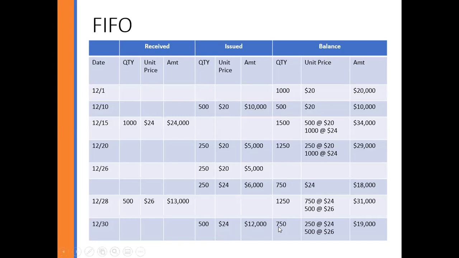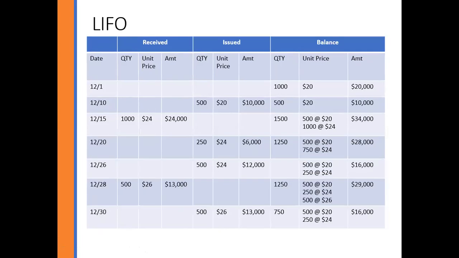What's left is 750 units: 250 of them cost 24 each and 500 cost 26 each. We do the math on that: 250 times 24, 500 times 26, we've got 19,000 worth of materials left in our materials account. That would be our ending inventory in raw materials.